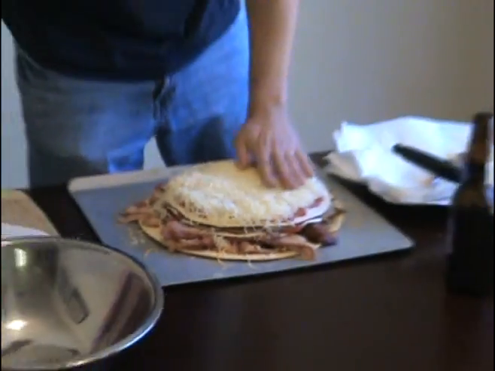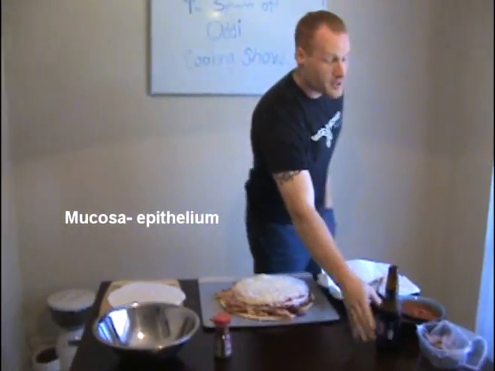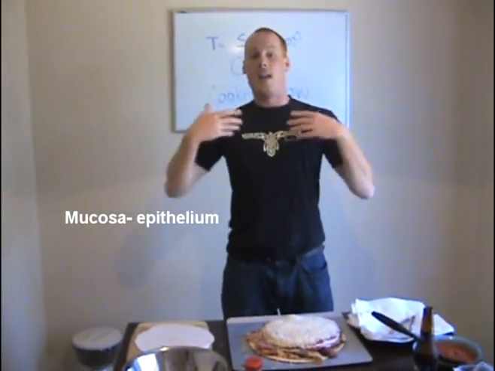All right. So the last layer of the mucosa that we're going to be talking about is the innermost layer, known as the epithelial layer. Now, there's two kinds of tissues that you can find in this layer.